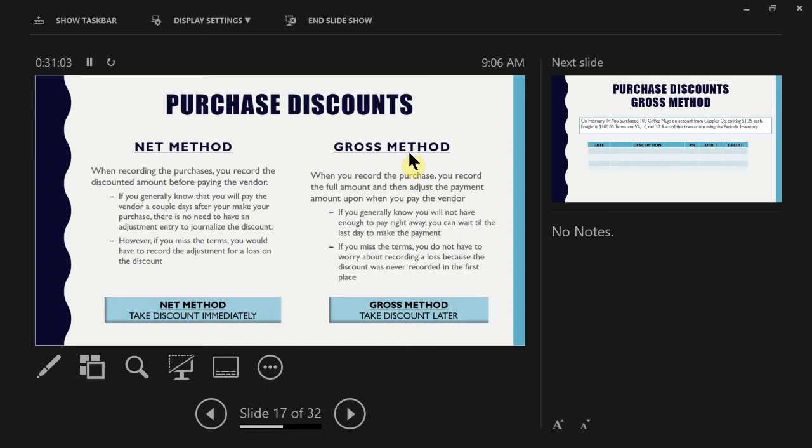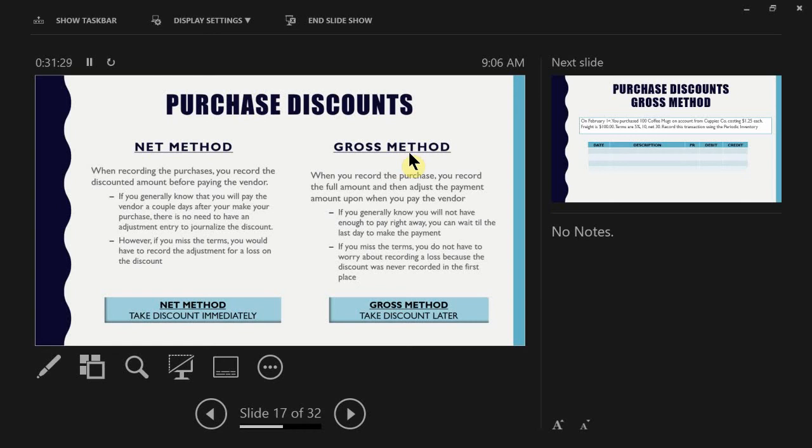However, the net method is primarily used for those companies who are very good at paying their bills on time, or usually if they make a purchase of inventory, they pay within the first 5 days of purchasing it, or they pay it the next day. So someone who's really good at paying their bills would just use the net method the way it is, okay?